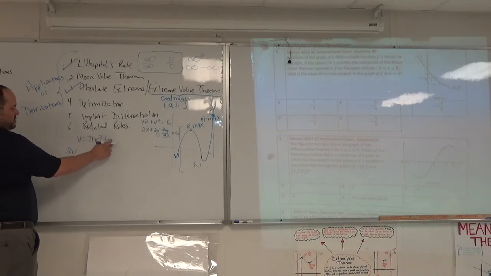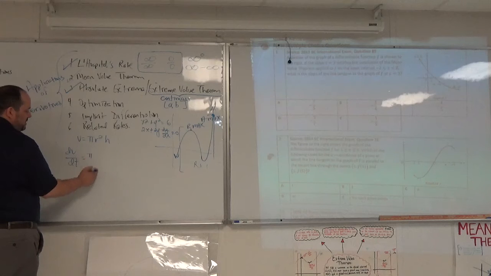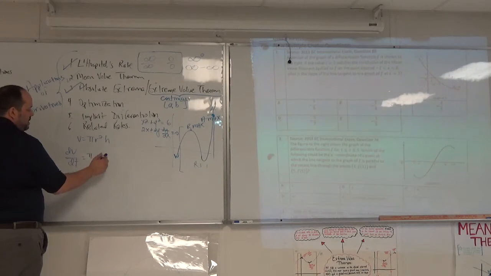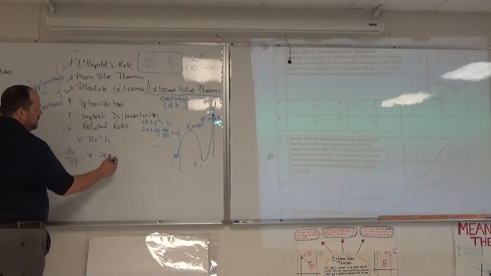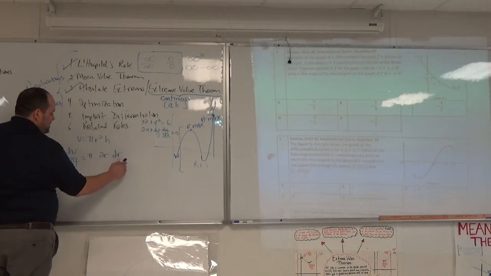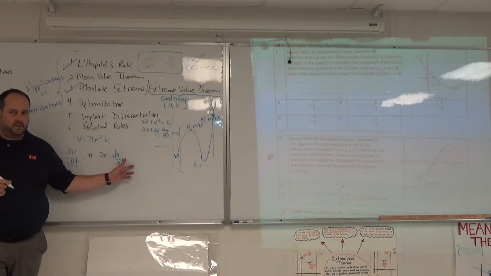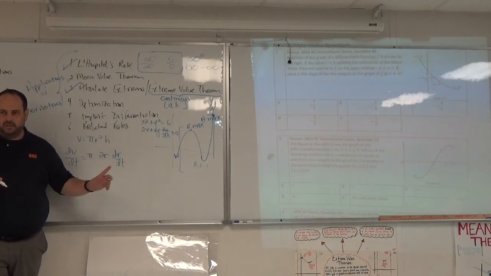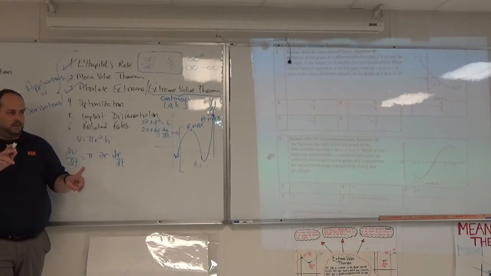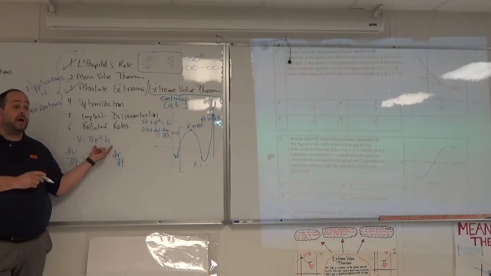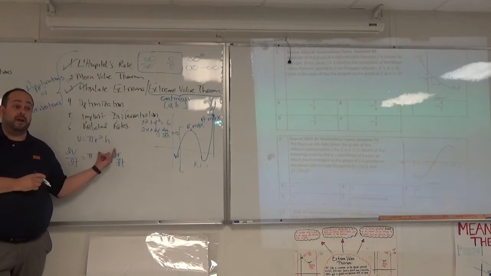Pi r squared h. Pi is a constant. 2r dr dt times h, times dh dt. No, times h. It's a product rule problem. You've got to be careful.